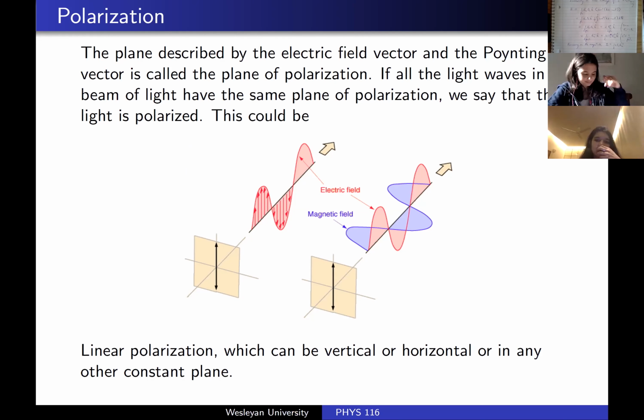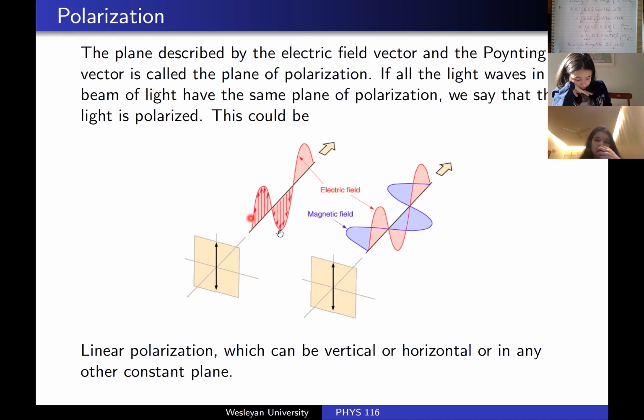All right, so what is polarization? The idea is that we will focus on the direction in which the E field is oscillating. Really we still have both E field and B field, right? But I'm going to focus just on what the E field is doing.